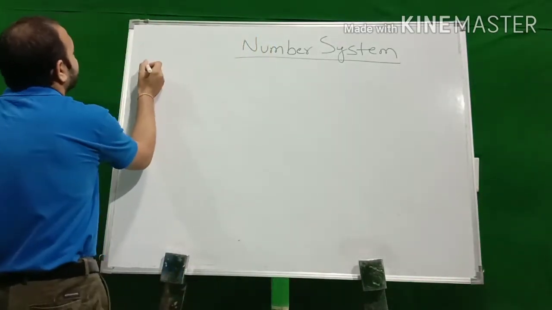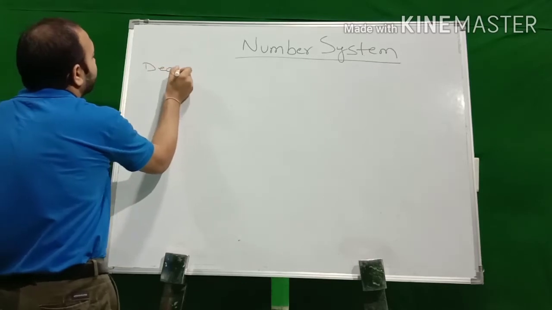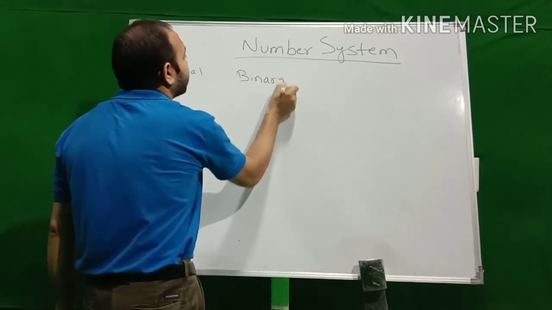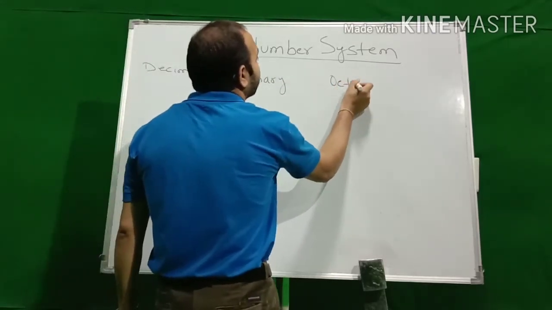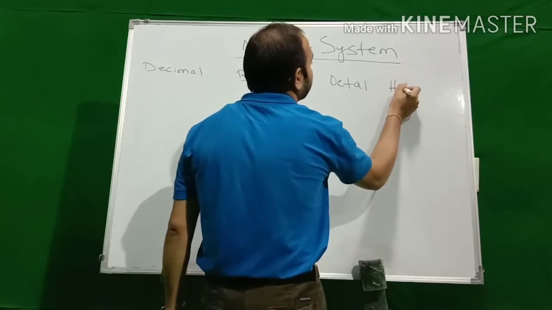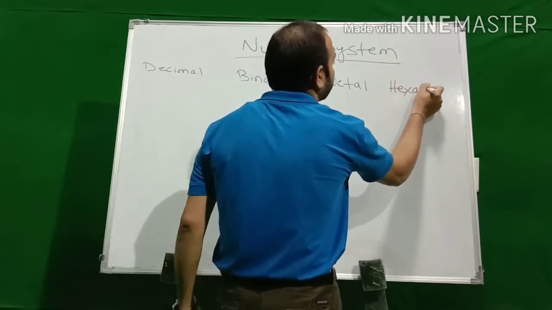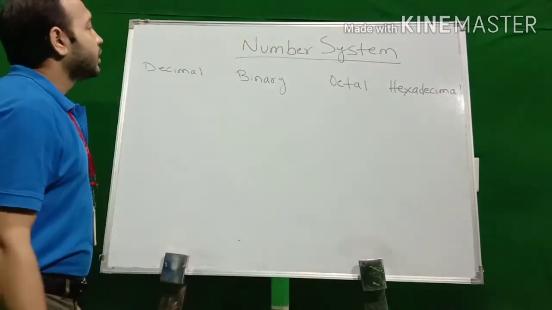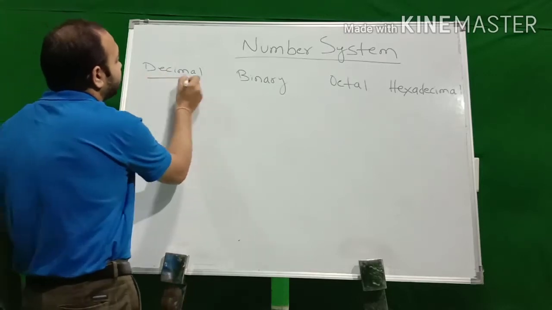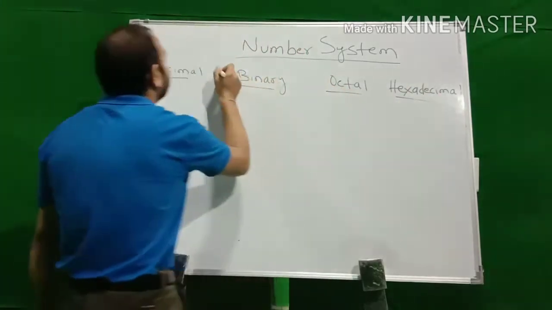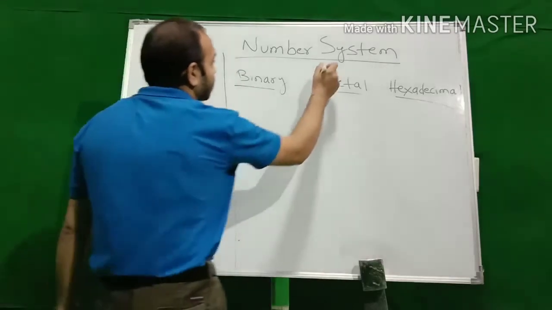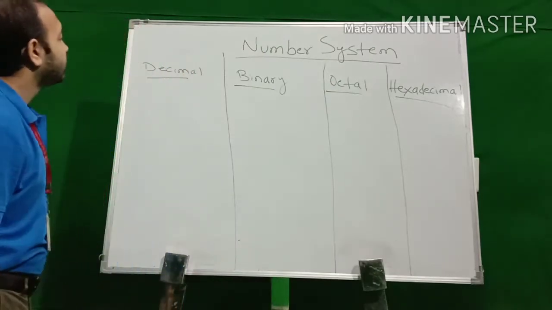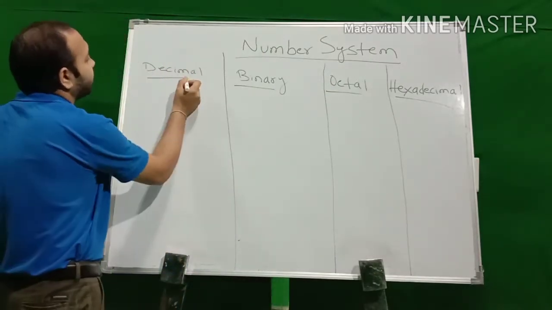So first we will take decimal, then binary, then octal, then hexadecimal. First we will start with decimal, and we will see them one by one.